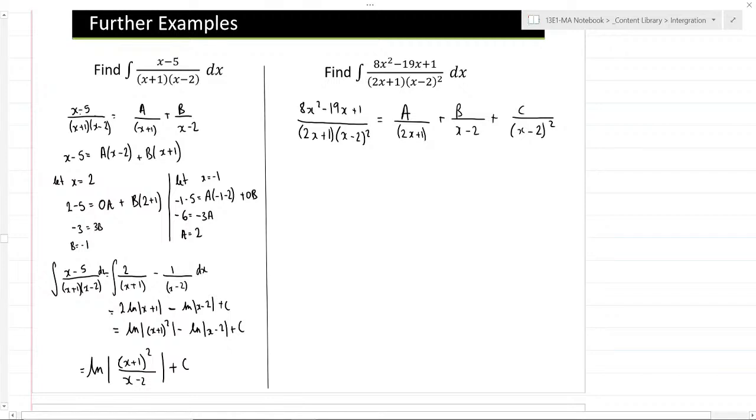So, if I simplify this now and I want the denominator, it's going to be 8x squared minus 19x plus 1 is equal to, what do I need to times by? I need to times by a times (x minus 2) all squared plus b times (2x plus 1) and (x minus 2) plus c times (2x plus 1). That makes sense?